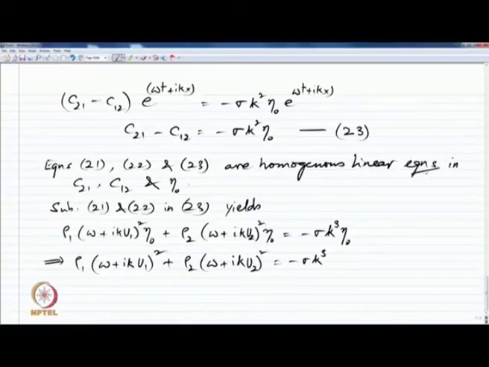Essentially we are able to eliminate C1 and C2 by a substitution, and we find that we have an equation for eta naught, and the only time this equation in eta naught has a non-trivial solution is when the rest of the coefficients are equated. Okay. So, that gives us this equation here, which we call our dispersion relation.